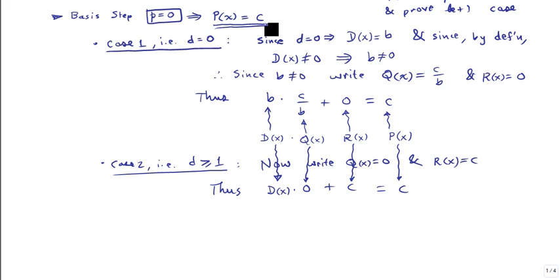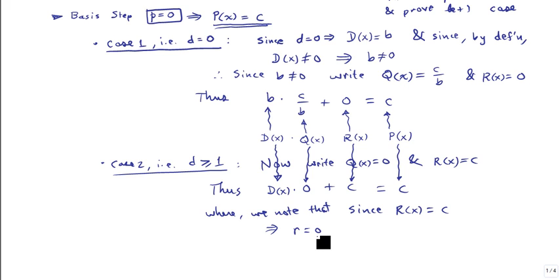And it's also important here to note that since the remainder polynomial is a constant c, this implies that the degree of my remainder has to be 0.